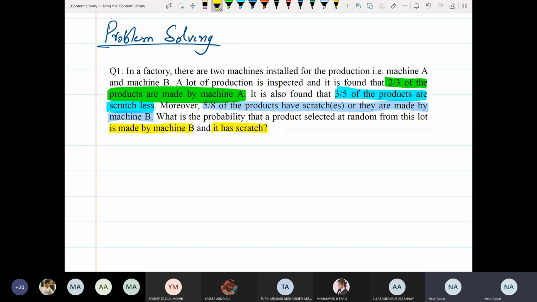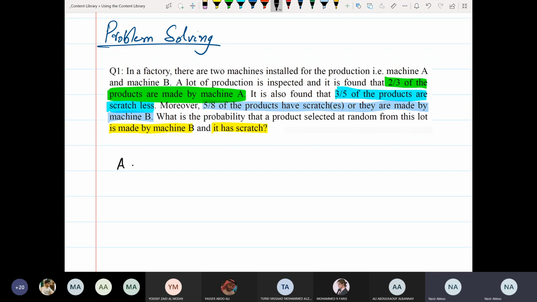So let us go one by one. Let us try to write the events, and then I will ask you one by one what is the meaning of the green highlighted thing, what is the meaning of blue, and so on. Let me write the events first.